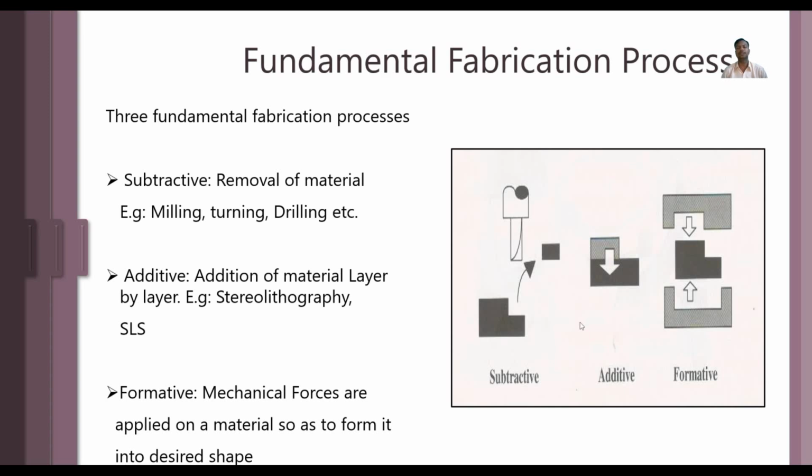So what is fabrication? As I told you, there are different kinds of fabrication processes. In subtractive fabrication, we remove material from the raw material to make the final product, doing different forms of operations, especially for this kind of shape.